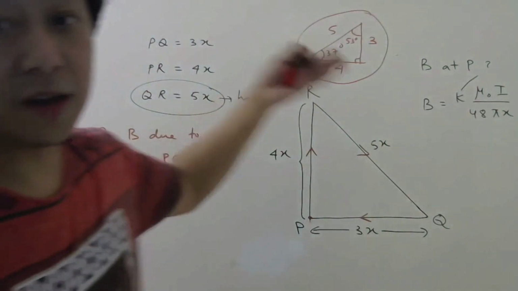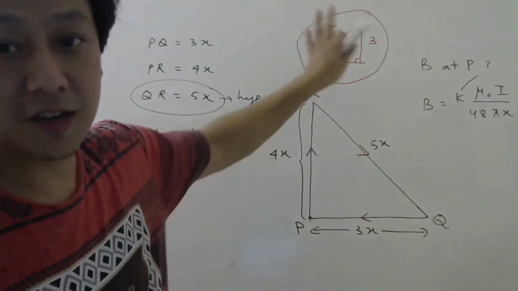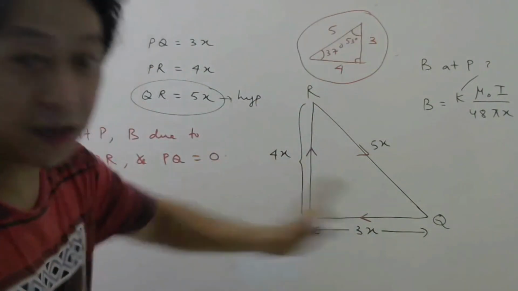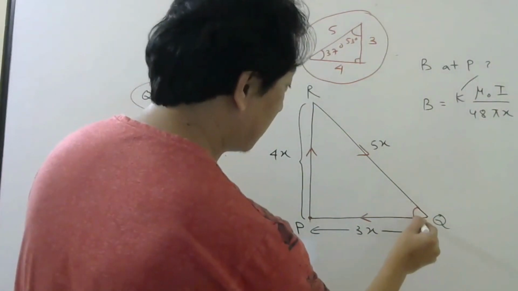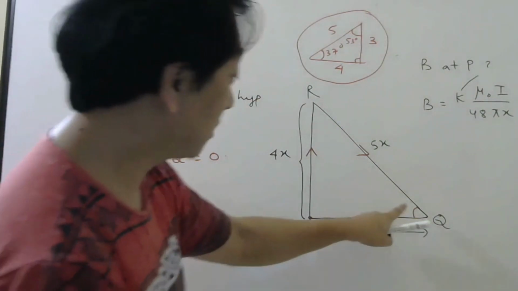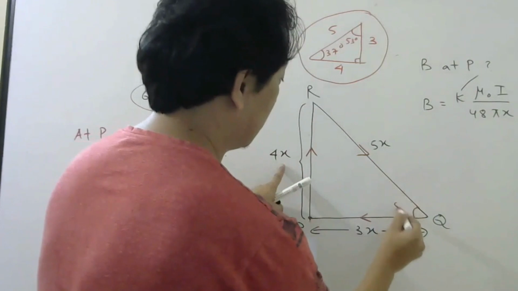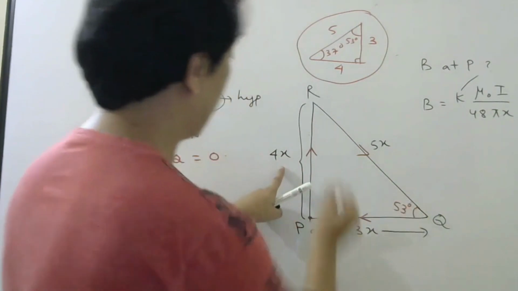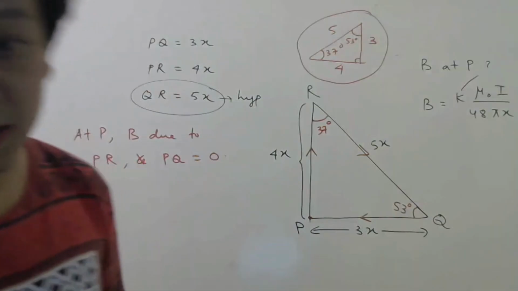It helps you to find sine 37, cos 37, sine 53, cos 53 easily. So if you look at the diagram that they have given, this angle you can immediately say how much it should be. See, this is 4x, this is 3x. So this angle should be opposite to 4x. So opposite to 4x, 53. So this should be 53 and therefore this should be 37. That we can immediately find.